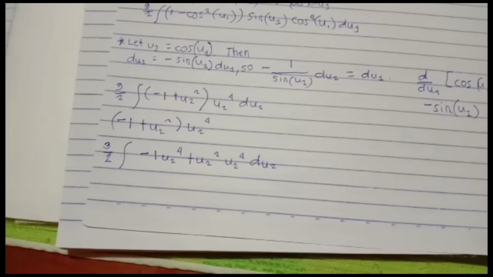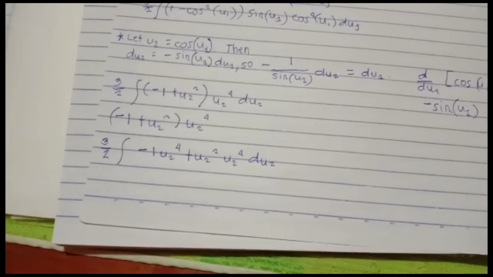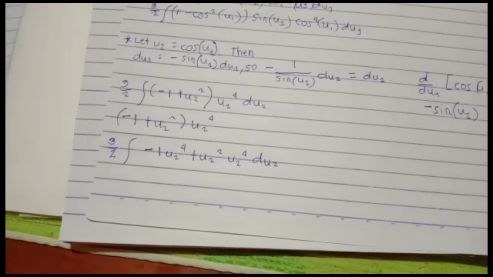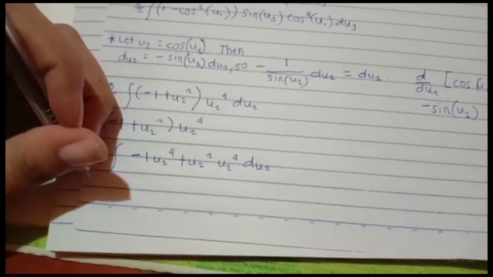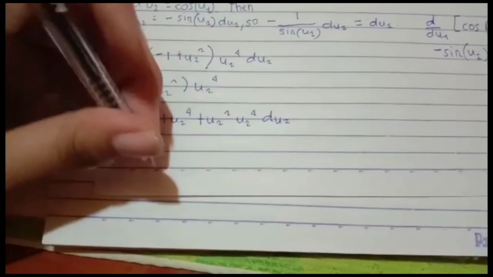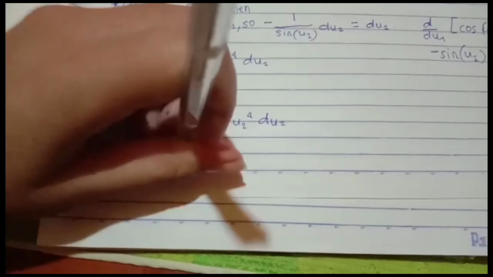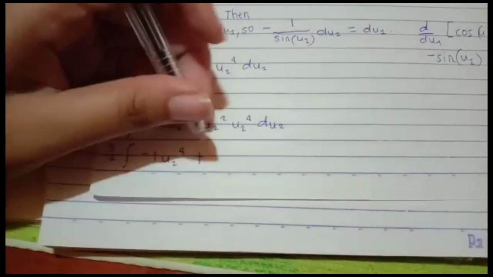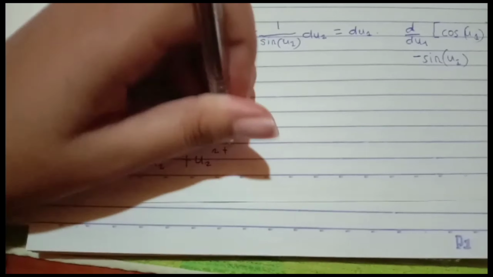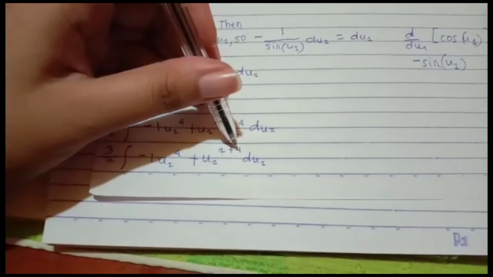Use the power rule, a to the m times a to the n is equal to a to the power of m plus n, to combine exponents. So, 3/2 integral of negative 1 u2 to the 4th power plus u2 to the power of 2 plus 4 du2. Add 2 and 4.